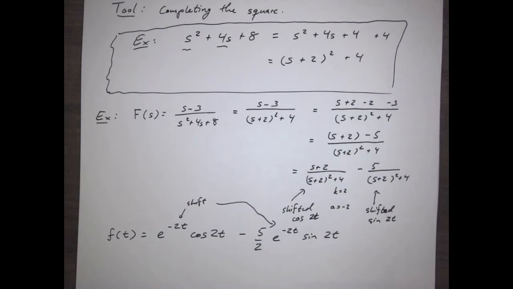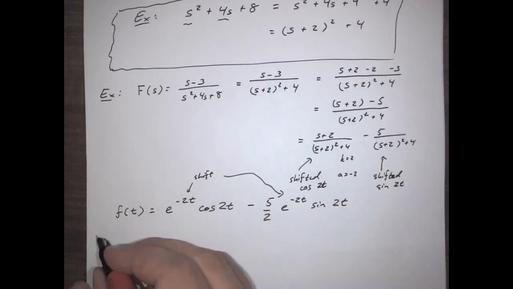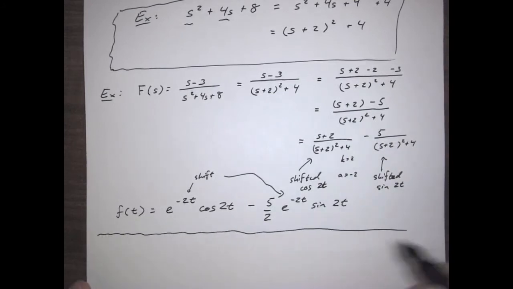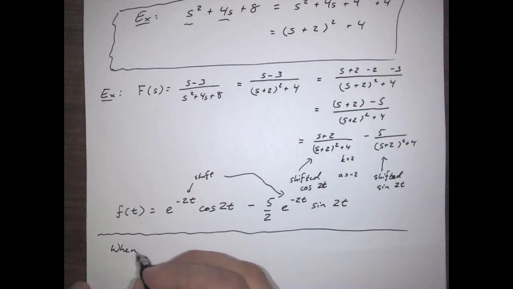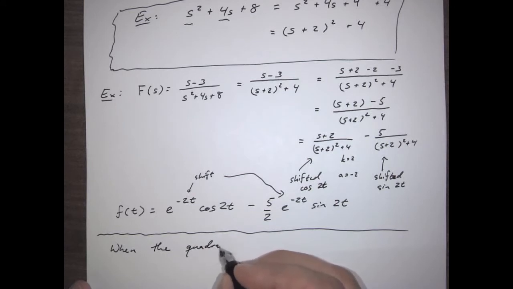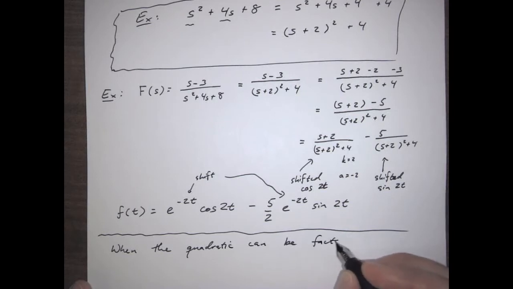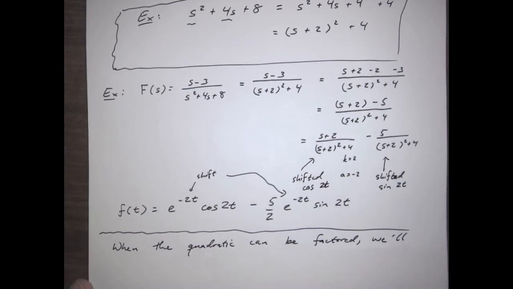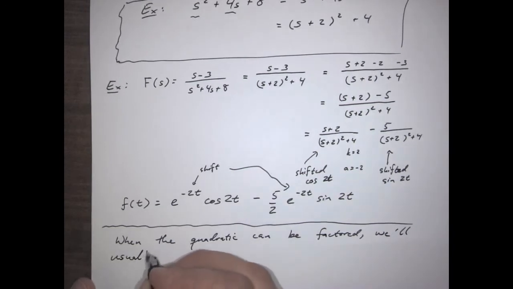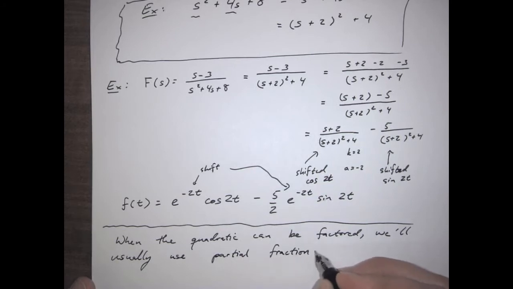And then the other option that is in front of us is to just use partial fractions. When the quadratic can be factored, we'll usually use partial fractions.